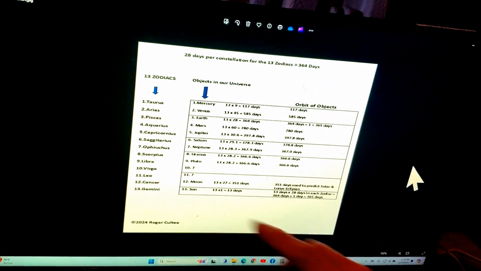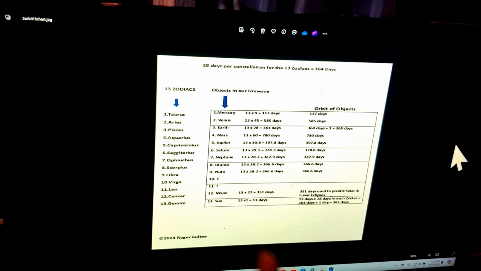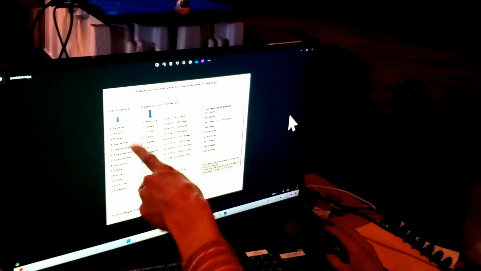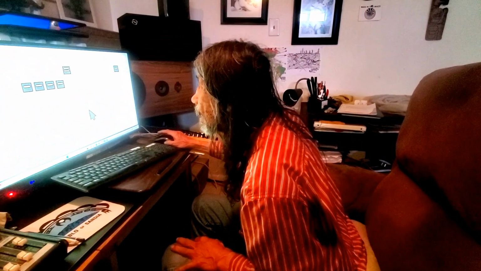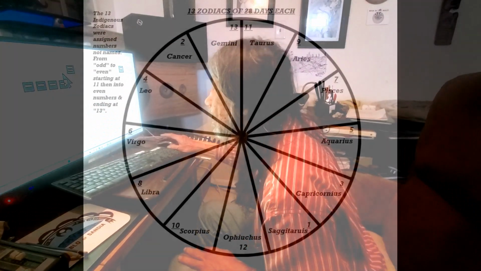So if you use these zodiacs, I'm going to show you the 13 zodiacs. I think it was this one.